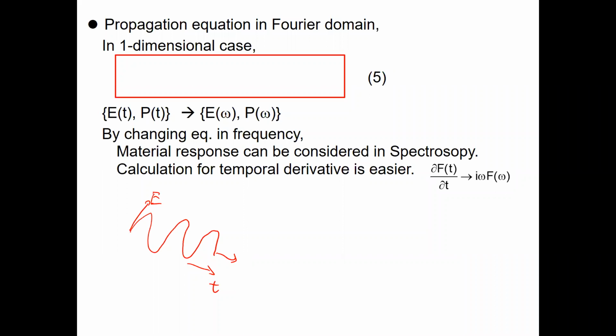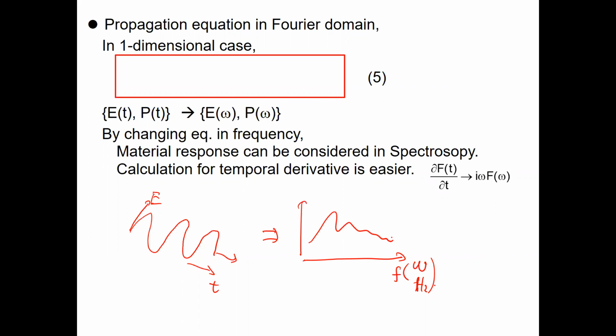But in many cases of spectroscopy, such as absorption spectrum or vibrational spectrum, we are thinking about this oscillation field in frequency. So it's omega or f, omega or hertz, and intensity. Right. So we can see some sort of absorption spectrum or vibrational spectrum.